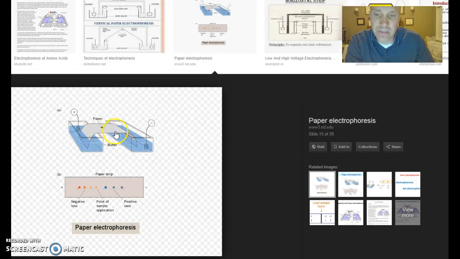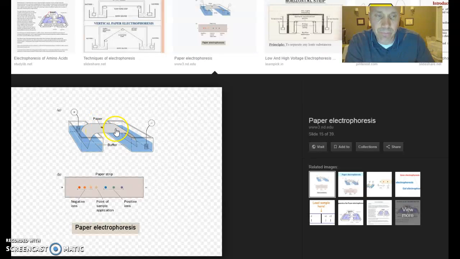In paper electrophoresis, you take a strip of paper and dip one end in a buffer over here and another end in a buffer over here, and the buffer has a specific pH. If we wanted it to be exactly pH 6, it would be pH 6. You can modify the buffer to whatever pH you want.